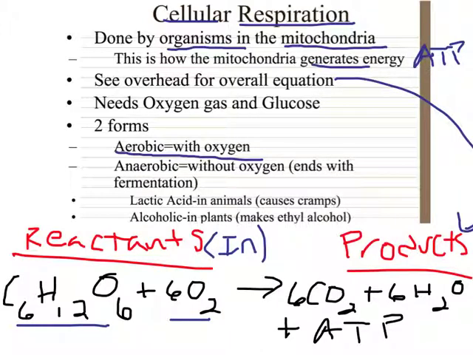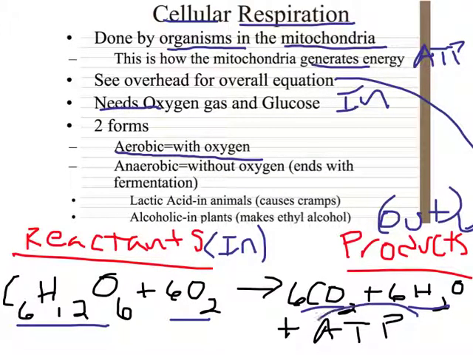All right, so that's what you need, or what went in. Okay, now what's coming out we call the products, right? And the products from this are mostly waste. Carbon dioxide and water are waste products from cellular respiration. The important thing that we're going to get here is right here, energy. ATP is generated through cellular respiration.